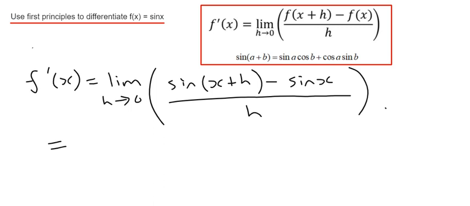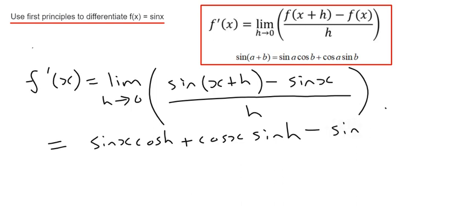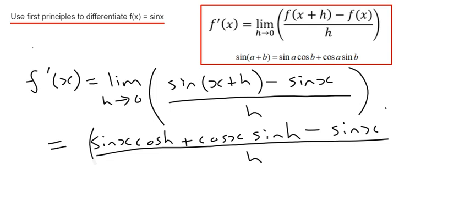If we use our addition formula for sine of x plus h, we can write this as sine x cos h plus cos x sine h minus sine x, all divided by h, and we're looking at the limit as h approaches 0.